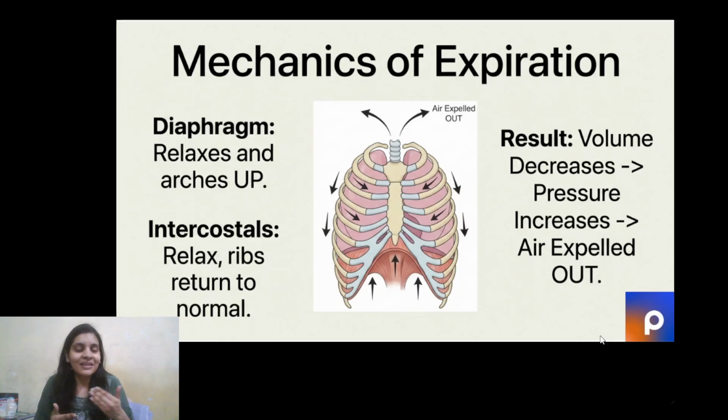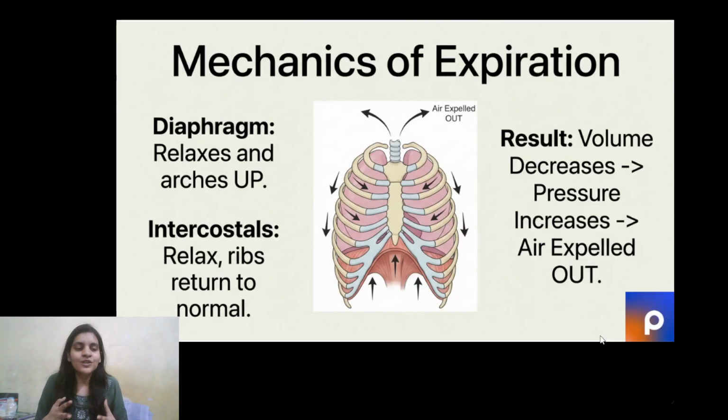Now, let's talk about the mechanics of expiration. How does that happen? Now, my lungs ought to have a higher pressure than the atmospheric pressure so that the air moves out of my lungs. So, now what happens is the volume that we had increased so vigorously, my body starts reducing it.